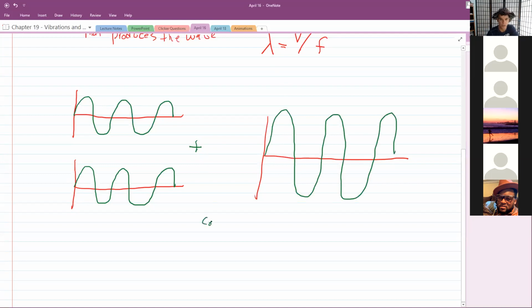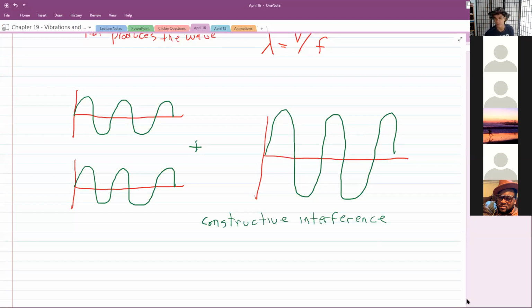This is what we call constructive interference. If we were talking about a sound wave, the result of constructive interference would be a louder sound. If we were talking about an ocean wave, the result of constructive interference would be a much taller wave.